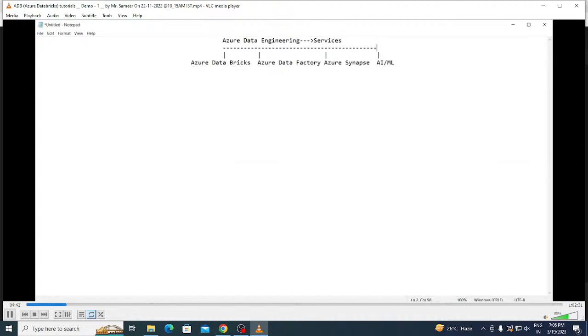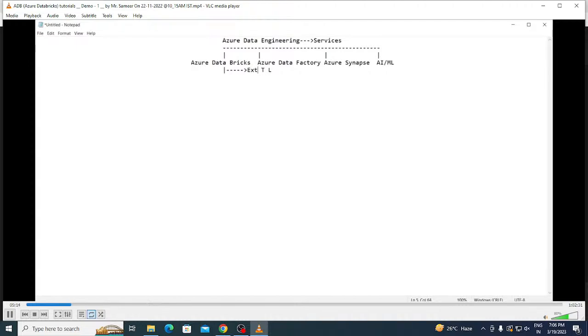That means all end-to-end solutions for the data. Data engineering means end-to-end solutions for the data. So, guys, what is Azure Databricks used for, and what is its purpose? This service called Azure Databricks is provided by Microsoft to perform the job of ETL. What is ETL?